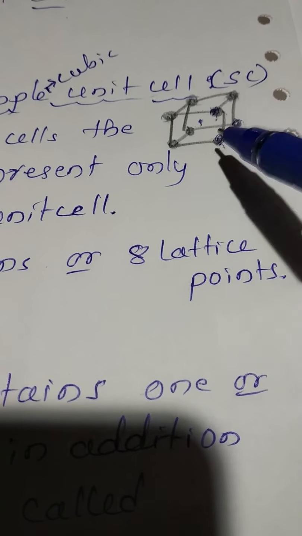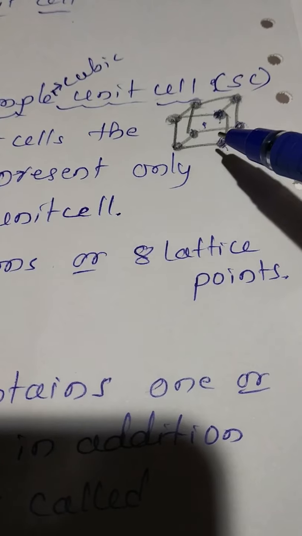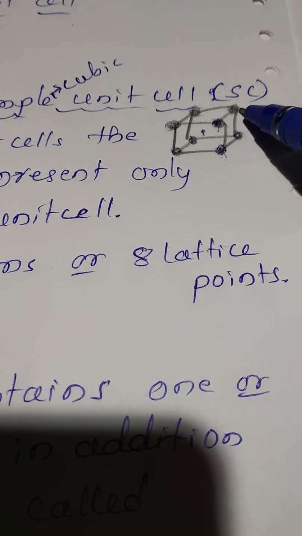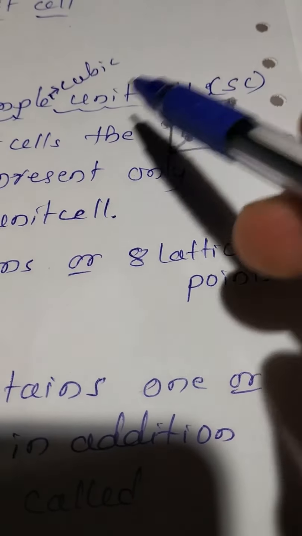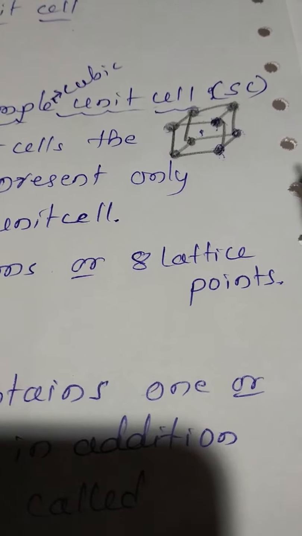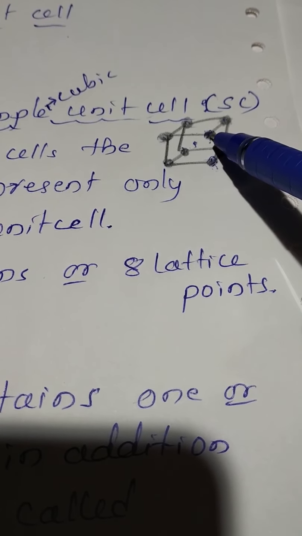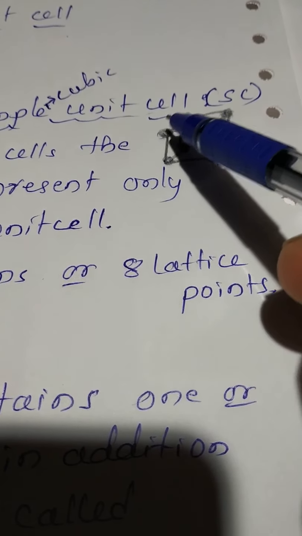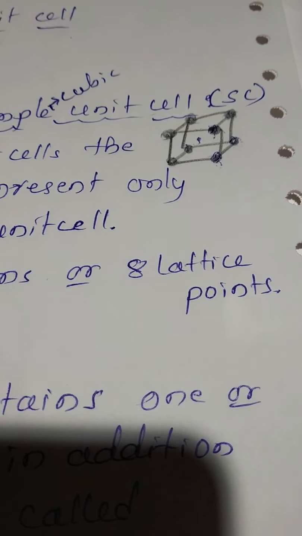The constituent particles, which may be atoms, ions or molecules, are present only at the corners. This type of unit cell is called a primitive unit cell or simple cubic unit cell. Once again, when the constituent particles are present only at the corners, it is called a primitive unit cell or simple cubic unit cell.